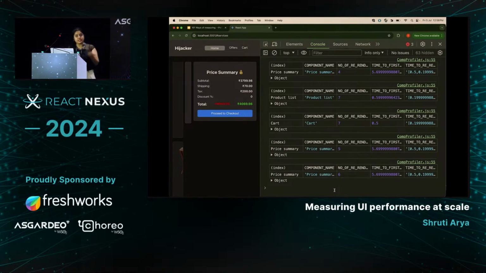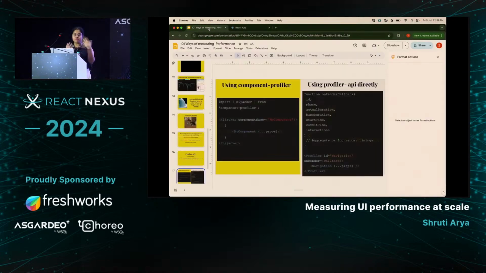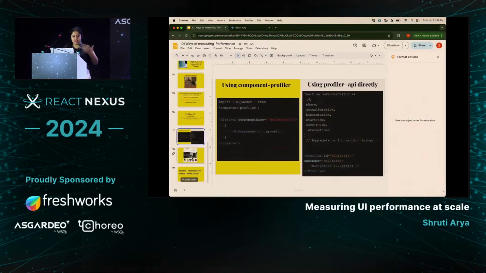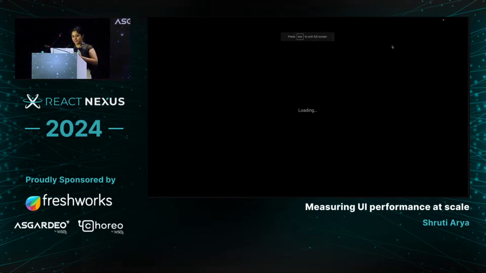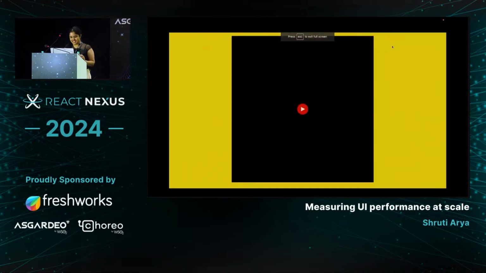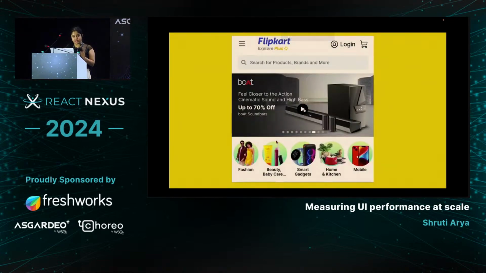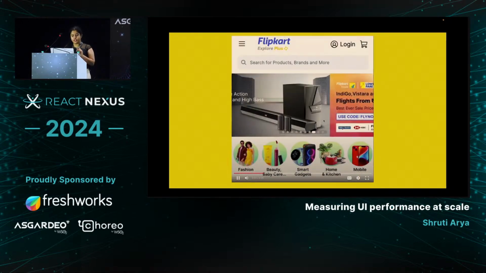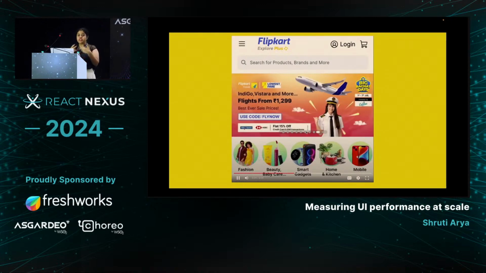Now we started using this component profiler wrapper on our Flipkart homepage. And when we got the results, it was very, very surprising. When we started measuring performance component-wise, we observed that for the carousel on the top of the homepage, the number of re-renders was approximately 50 to 60.